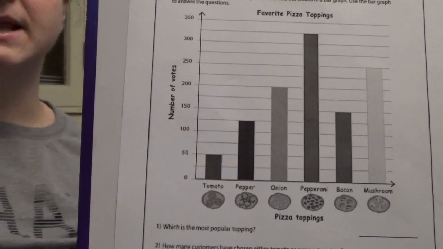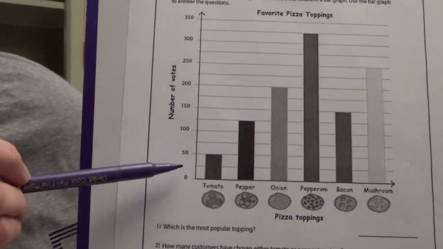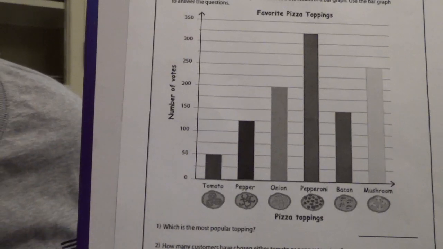This bar graph is a little bit different because it's not counting up by ones or twos, but every line is counting by something else.